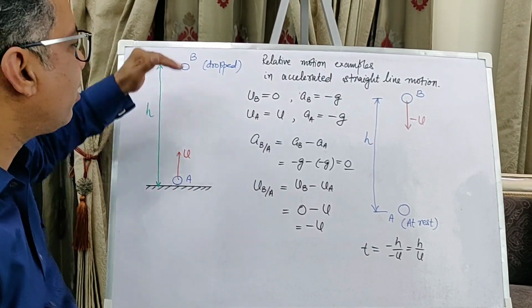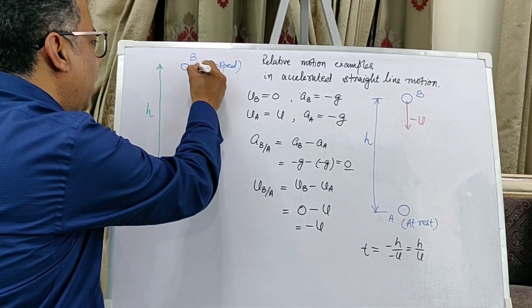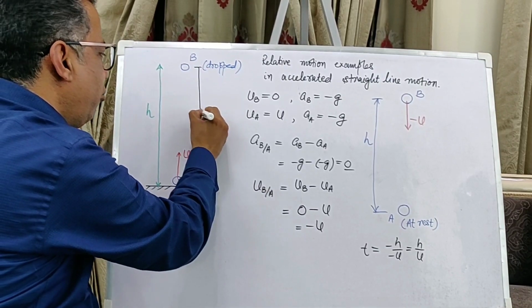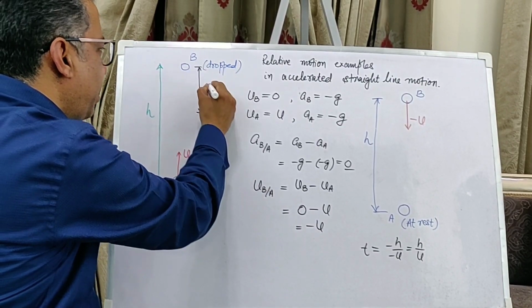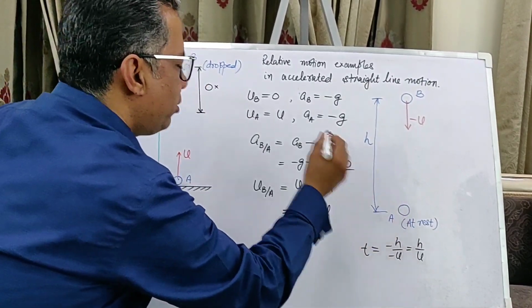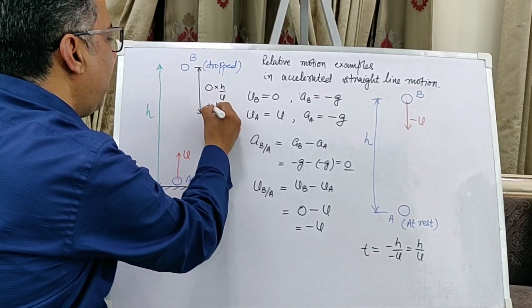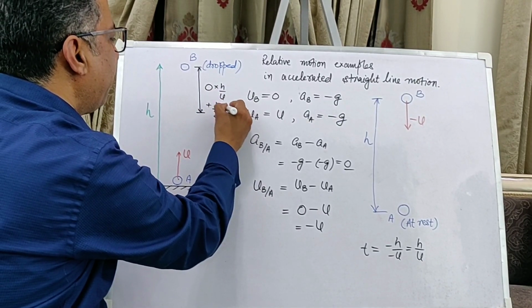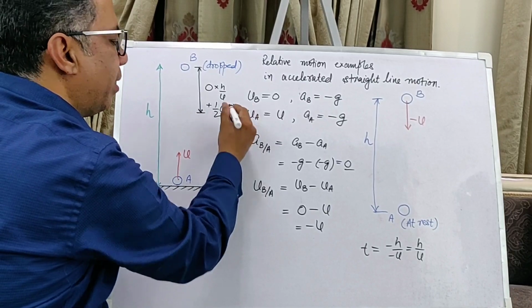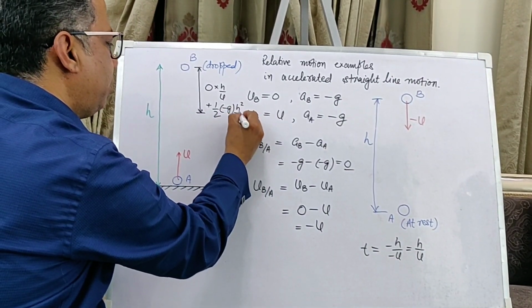It starts with 0 velocity and moves with an acceleration g, and therefore B will move downward by a distance ut plus half g t square, t being h by u. Now t is h by u again, so h square by u square.